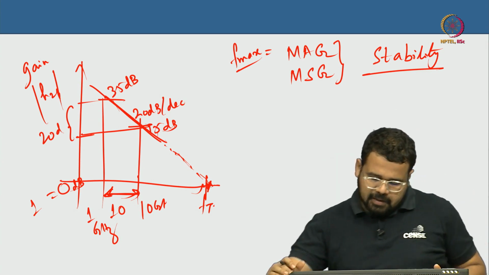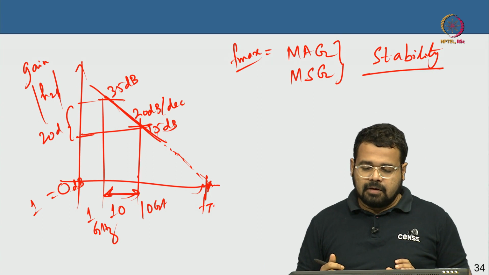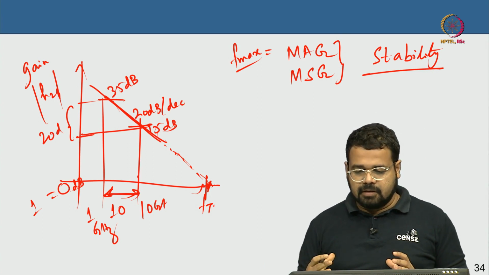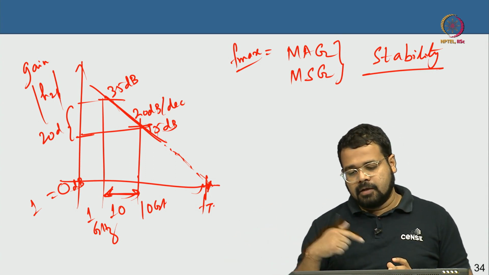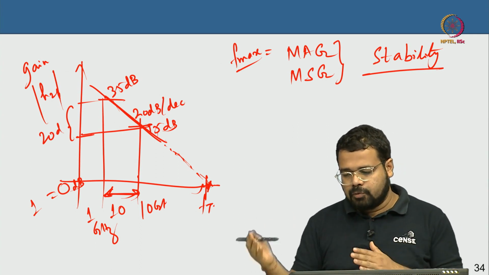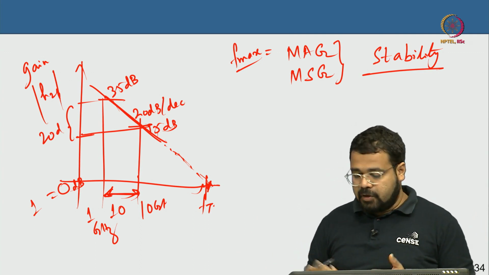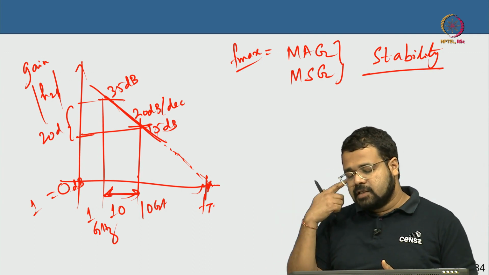A device, an amplifier needs to be stable. Okay. What it means is that whenever you have a transistor, your output can also feed in signal to the input, and it can come back amplified from the input to the output, again it will go back, it will come out. It can lead to an oscillation, and that is bad for an amplifier, and if it leads to an oscillation it is unstable.